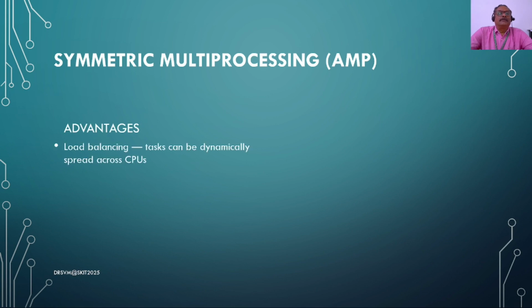Now looking at the advantages, load balancing. A task can be dynamically spread across the CPUs. If you find that some CPUs are having additional load, then it can be shifted to other CPUs.